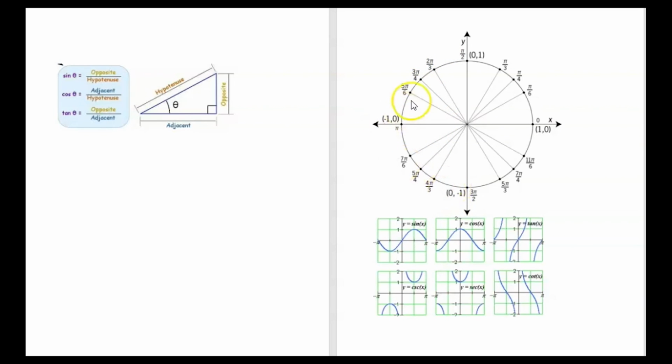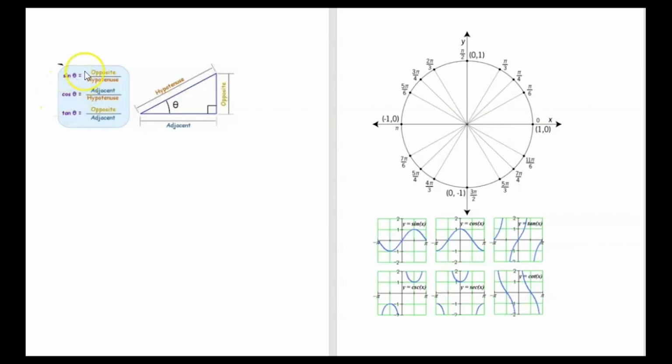The reason why is this is in the negative x direction. As you can see now, cosine is very closely related to what the x values are. So if the x value is negative, cosine is going to be negative, and if x is positive, cosine is going to be positive, which would be this side.